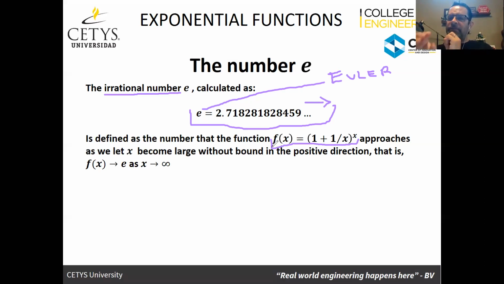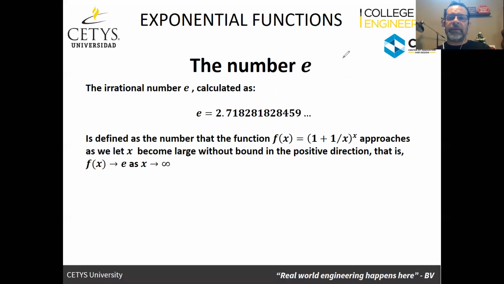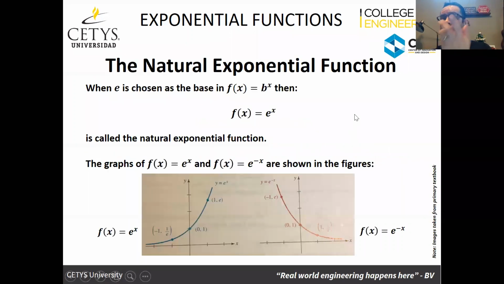If we give that function increasing values of x, from 0 to infinity, we're going to notice that it tends to this number. And it has many interesting and important applications in math, in physics, and in life. It's used to describe certain behaviors.